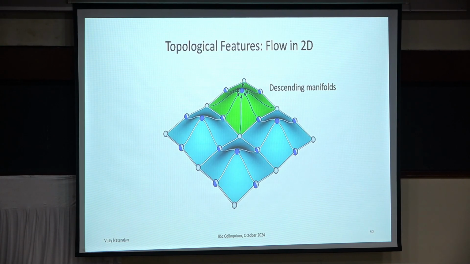This is called the descending manifold. Quickly looking at the descending manifolds of all 4 maxima that you see there, there are 4 descending manifolds and they partition the domain, right? Similarly, the ascending manifolds also partition the domain.